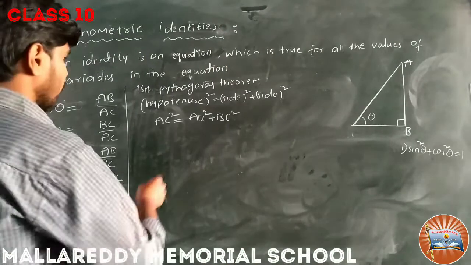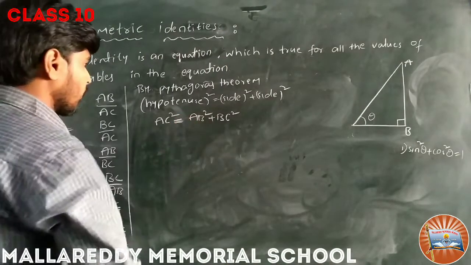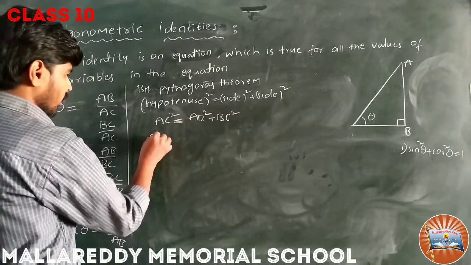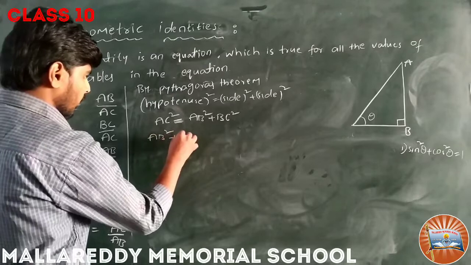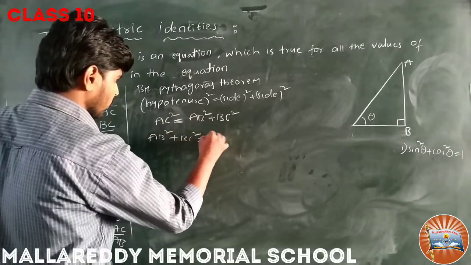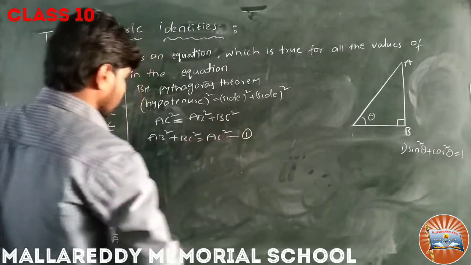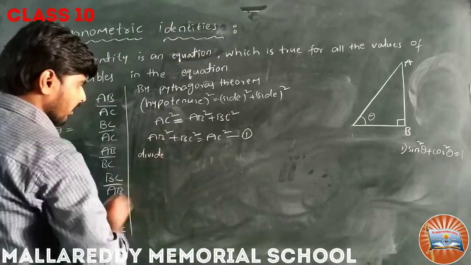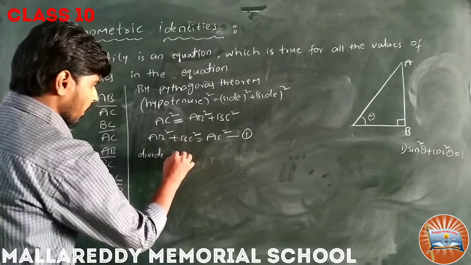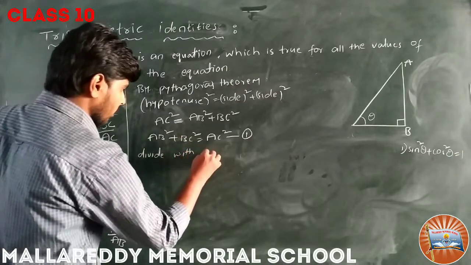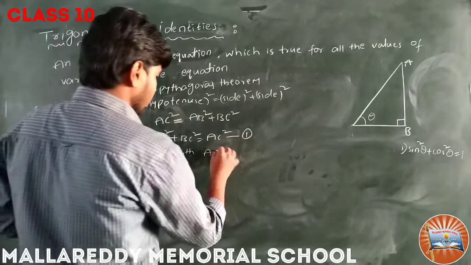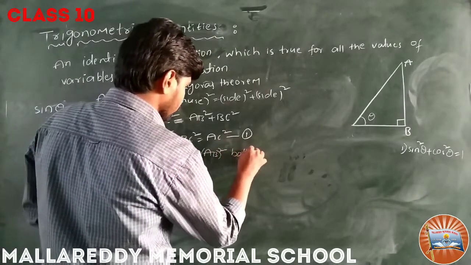Next we shall define one more identity here. This is the Pythagoras theorem. We can write like this also: AB square plus BC square is equals to AC square, equation 1. Now I am dividing with AB square on both sides.